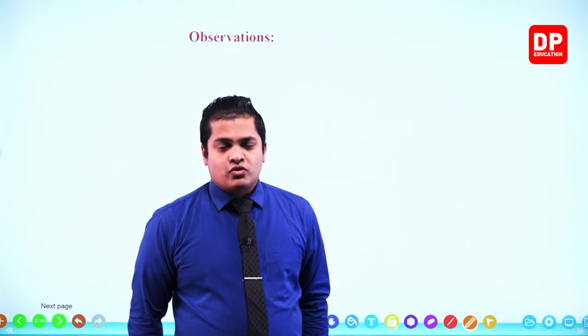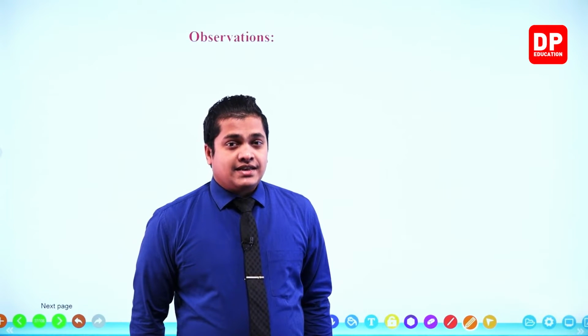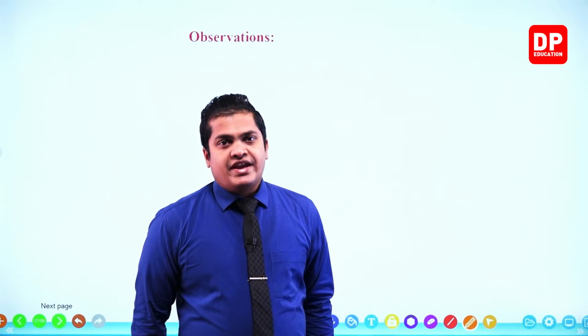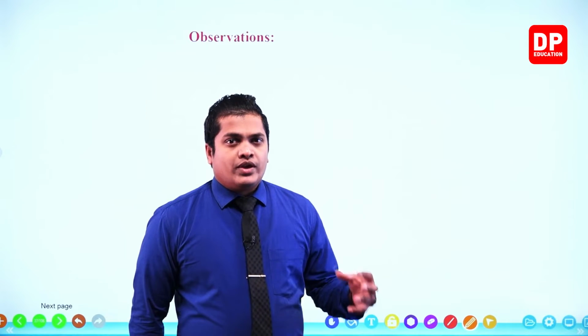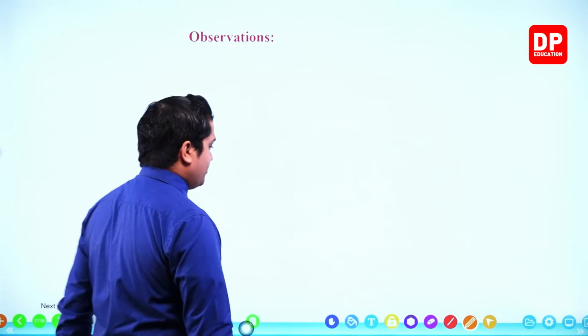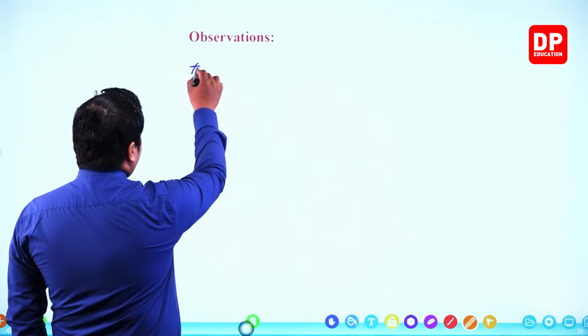So our observation was quite simple. What was that? The object distance is equal to the image distance, my dear children. By drawing that ray diagram, we can come to that conclusion. Right, so we'll write down the observation.